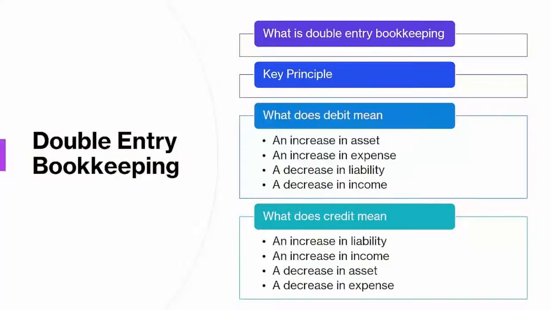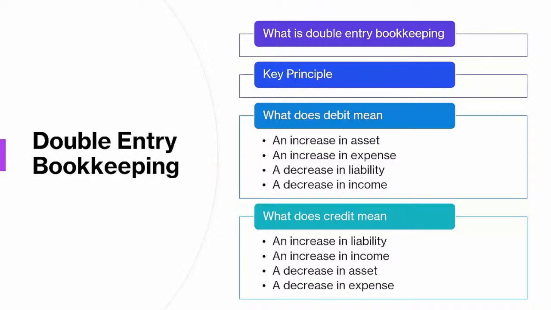A debit can represent any of the following. An increase in an asset. For example, buying office furniture increases your assets, so it's recorded as a debit. An increase in an expense. Paying rent or wages increases your expenses, which is a debit. A decrease in a liability. For instance, paying off a loan reduces your liabilities, so it's recorded as a debit.